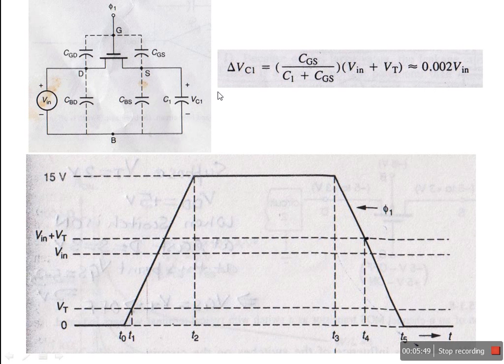So if V in is 5 volt, then there will be a change of 10 millivolts. Due to the feed through effect, due to the discharge of this capacitor through this CGS capacitor, the voltage at the capacitor has decreased by 0.002 V in. That is, for V in equal to 5 volt, it will be 10 millivolts.